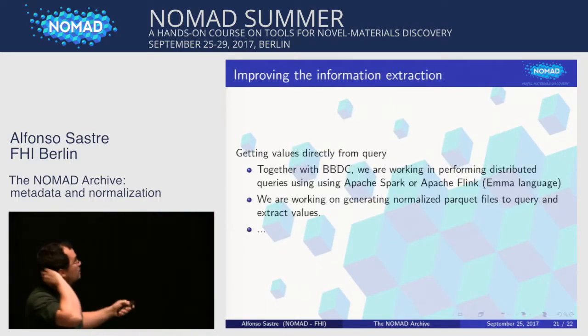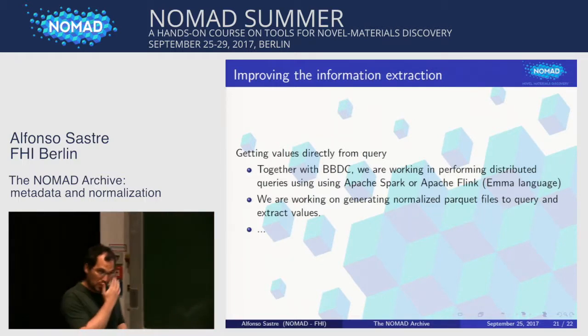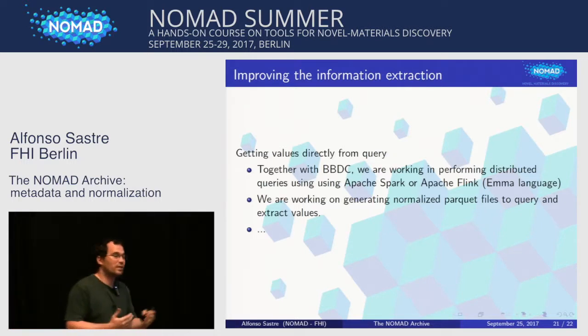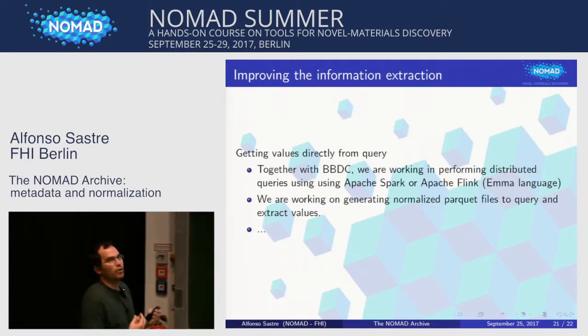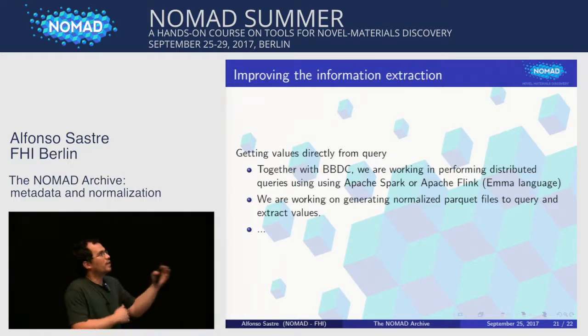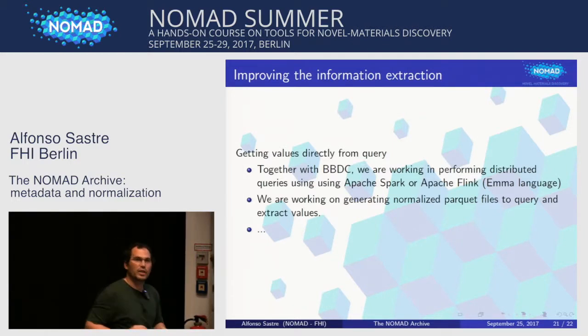Okay, so that's fine, but that's not all. We want to improve this. So now you have to go to the resolve. You can explore and you can get the JSONs. But this is still more complex for many people. So ideally, what you want is, okay, I have these conditions, and I want to get these properties. So that's going to be our next step.